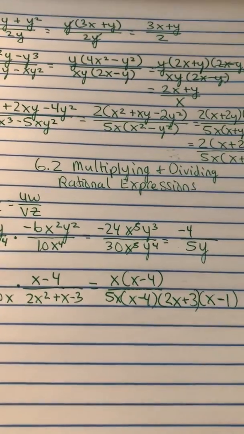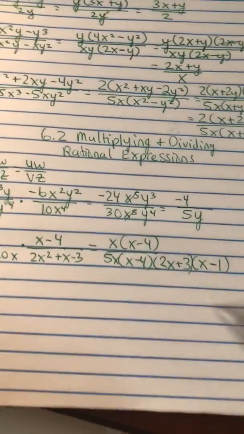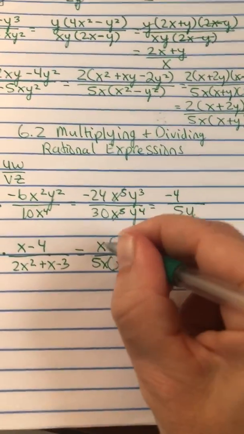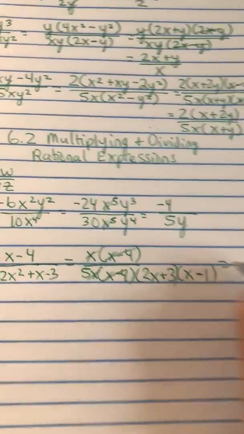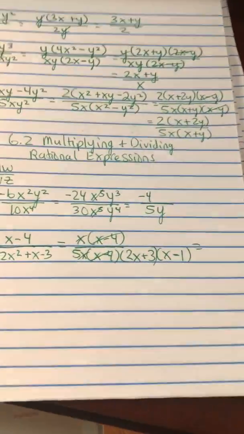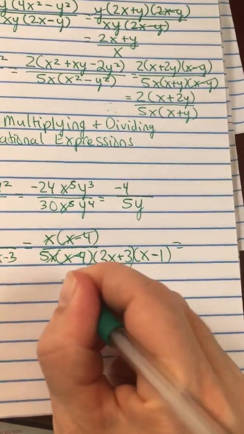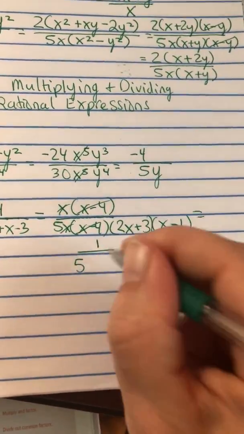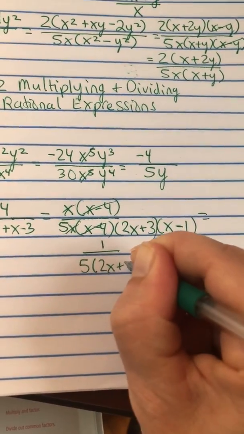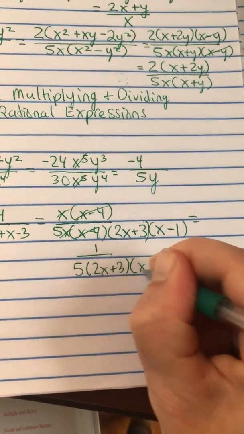Okay? So at that point, I can cross out my x minus 4s, and an x and an x. Now, when you cross out the whole top like that, that doesn't give you 0, it gives you 1, right? So you'll have 1 over 5 times 2x plus 3 and x minus 1.